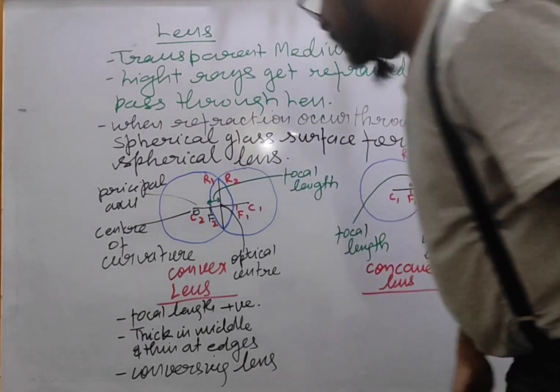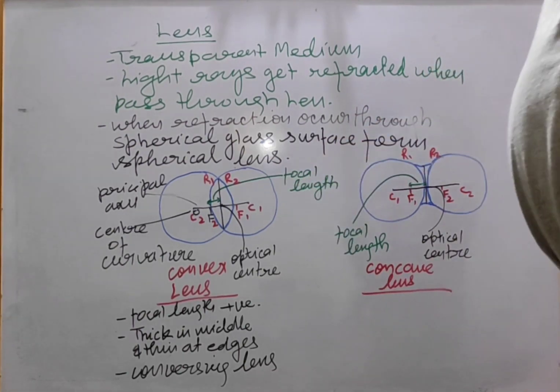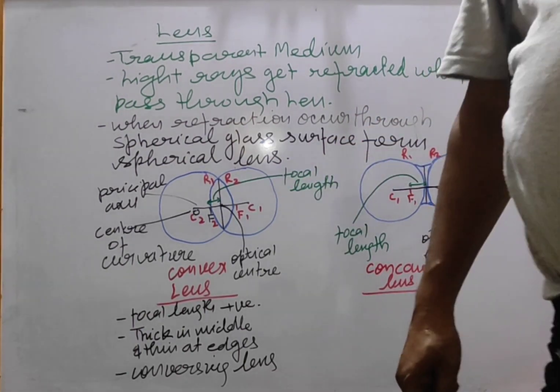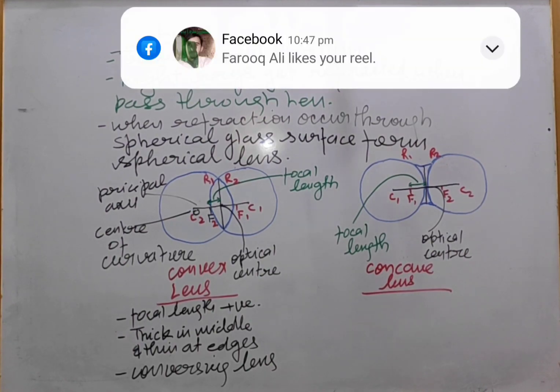I hope you understand this. So what I wrote: in a convex lens, focal length is positive, thick in middle, thin at edges, and converging lenses, right?